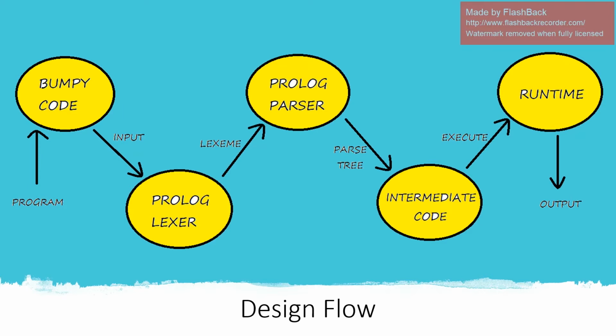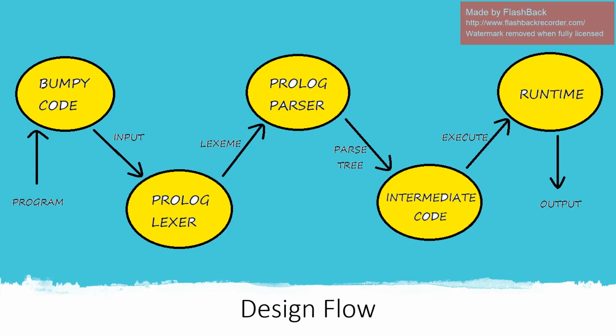The design flow of Bumpy language. First of all, the code written in Bumpy language will be input to the lexer, which is written in Prolog. It will generate lexemes like tokens on the basis of white spaces, new line, keywords, etc. It will be the input to the parser, which is also written in Prolog.